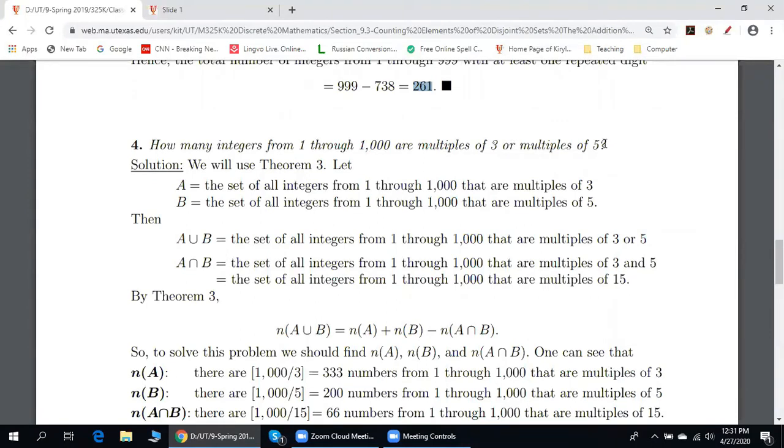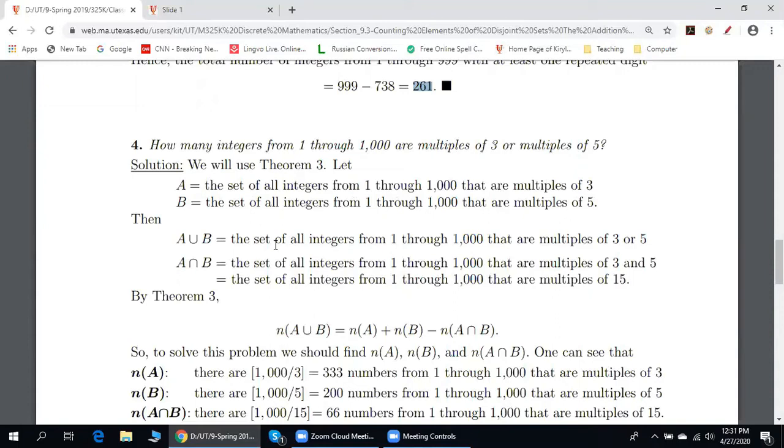Now let us use theorem 3. Let A be the set of all integers from 1 through 1000 that are multiples of 3. B are multiples of 5. Please take a look at what is the union of these sets.